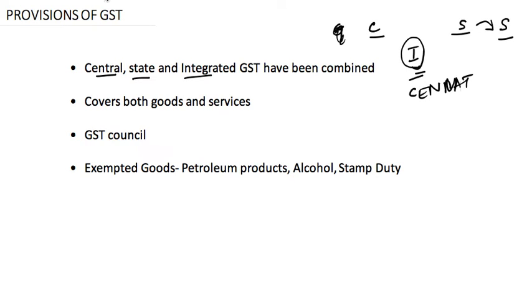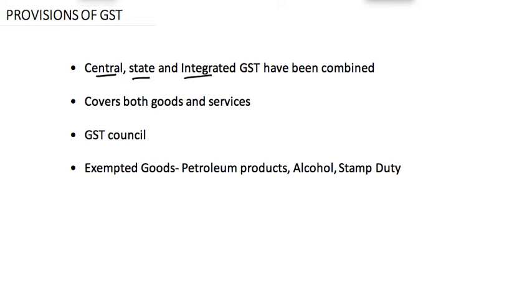The advantage of integrated GST over CEN-VAT is that in case of CEN-VAT, let's take an example. This is Gujarat and this is Maharashtra. So if Gujarat is selling something to Maharashtra, there is a CEN-VAT which is being charged.